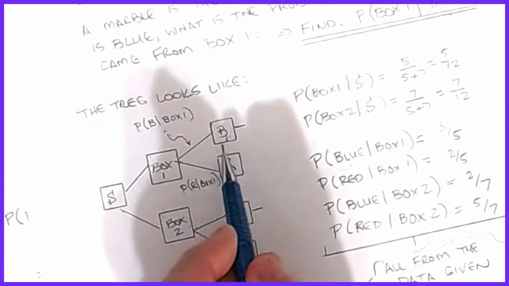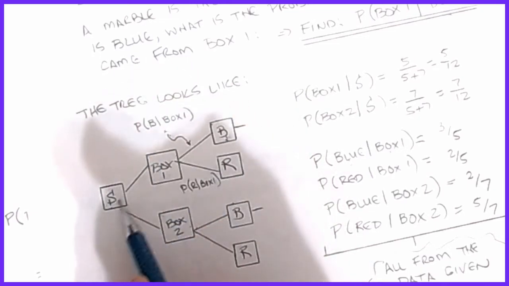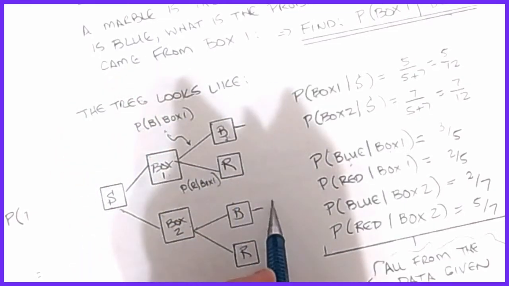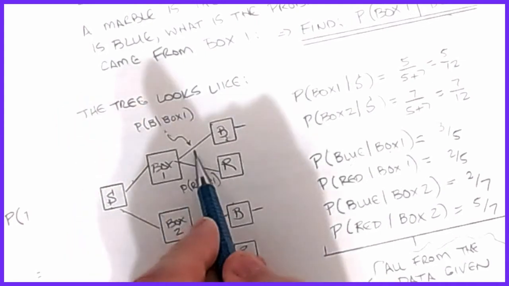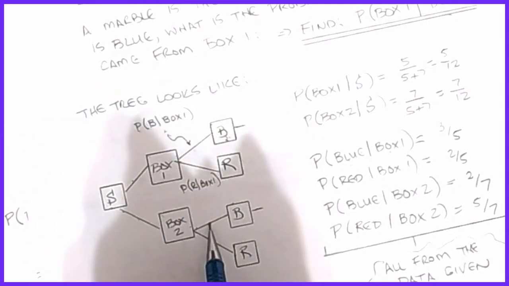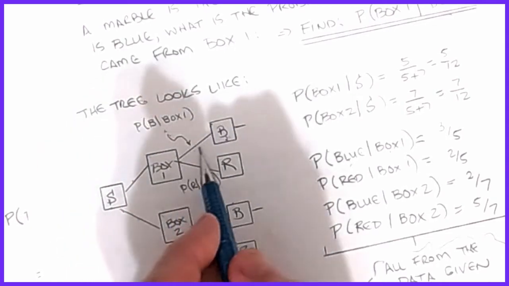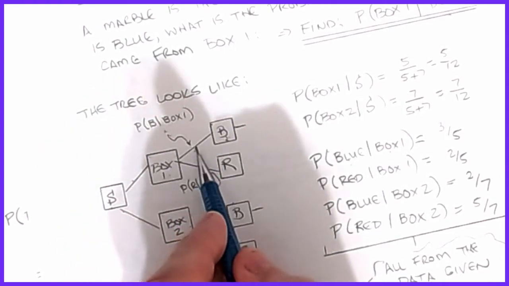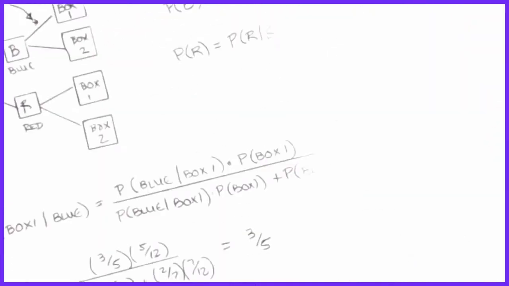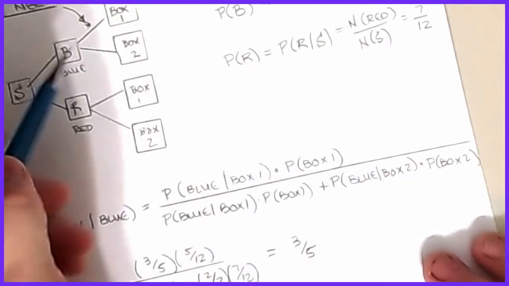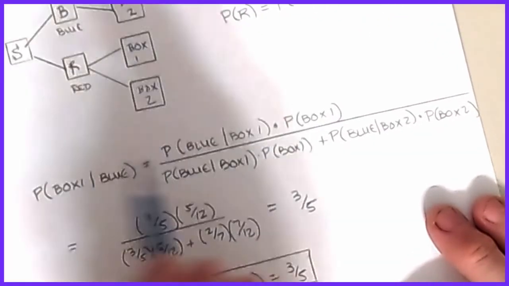So what I know is that if I'm trying to find blue in box 1, I need to find the total probability of all of the blues. So I'm going to take this times this plus this times this, and that's all that we're doing on those. So that gives me the denominator, and then because I'm looking for this particular branch up here on our picture, I just need to calculate the probability of that particular term, and so that's what we've done.